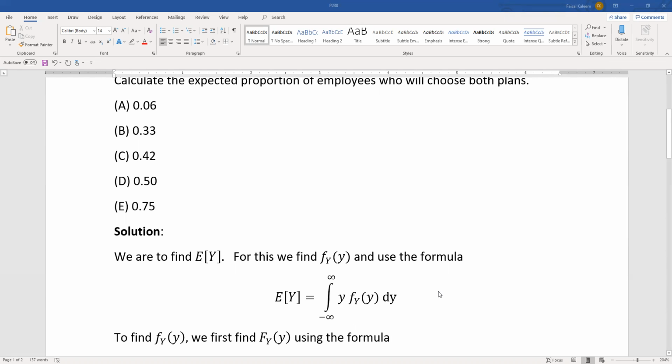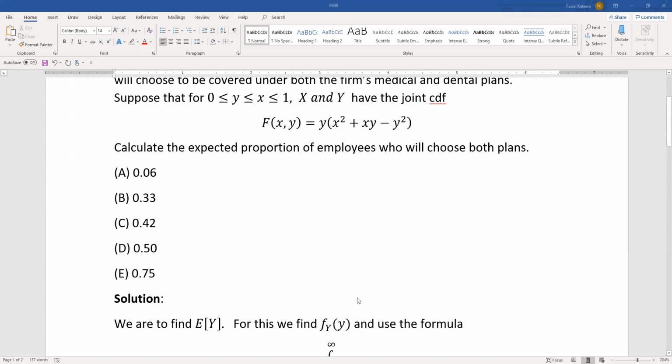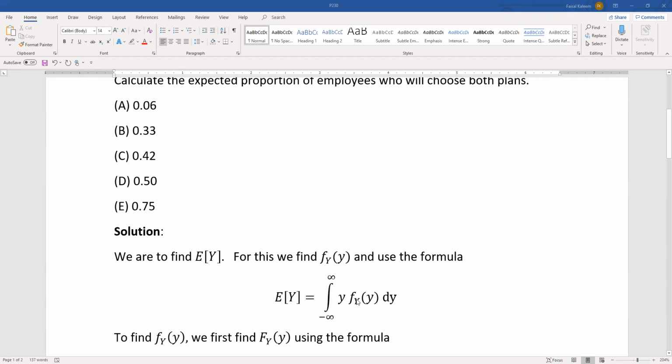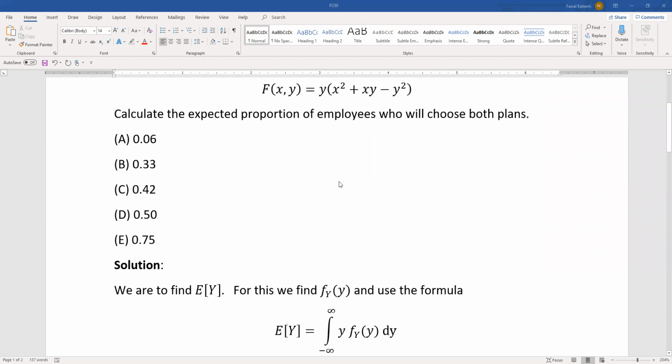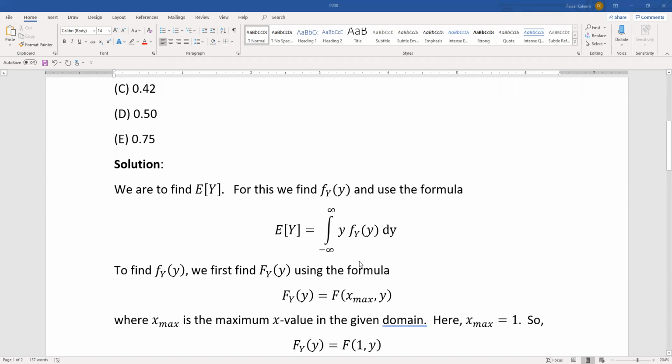Now the question is how to get the marginal density of Y. We know how to get it if we have the joint PDF, but this time we have the joint CDF. The formula for finding the marginal CDF of Y from the joint CDF is that you substitute x maximum for x, where x maximum is the maximum value of x in the domain.